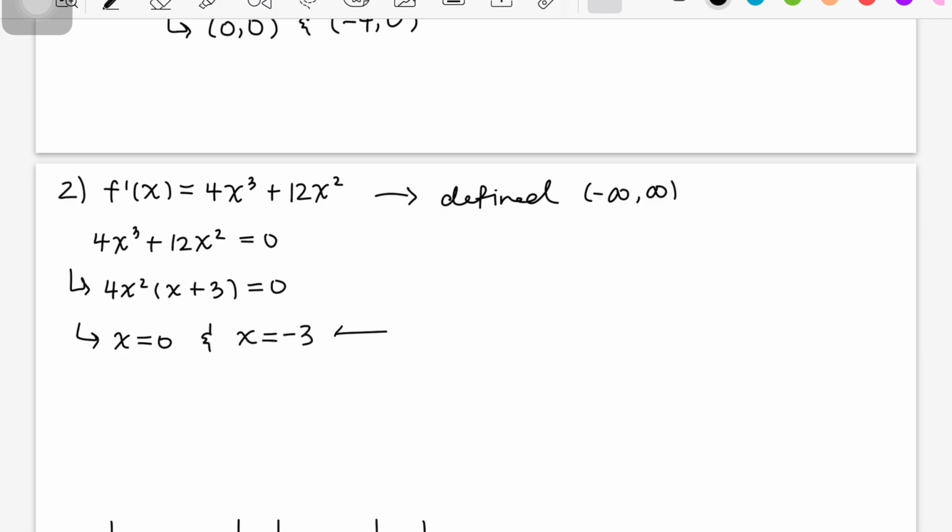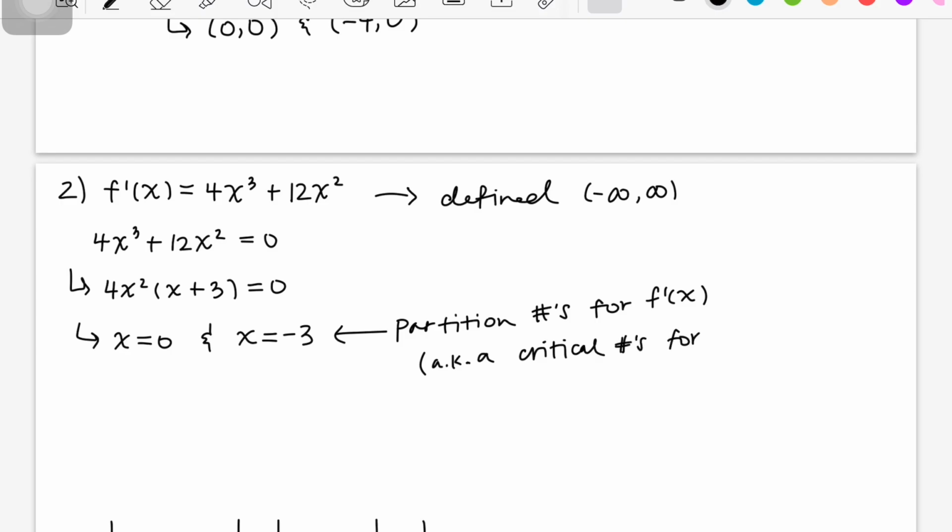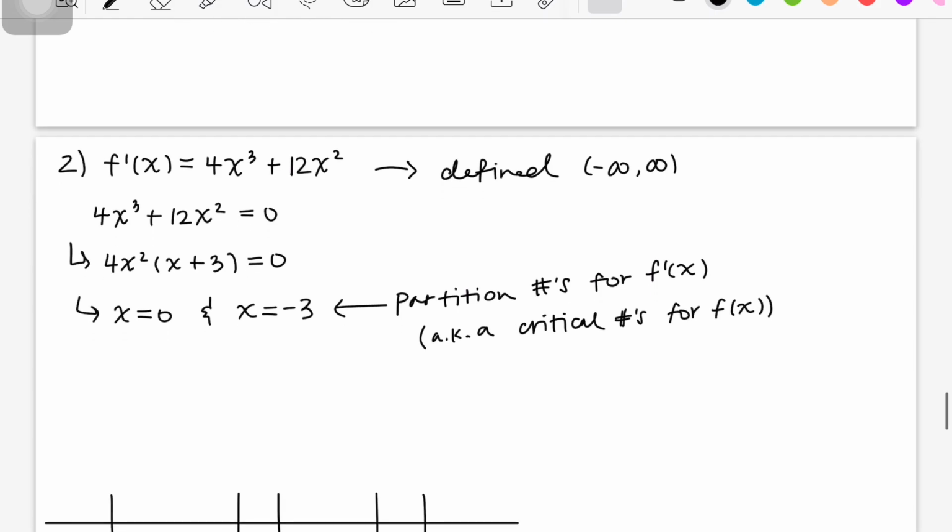So these are our partition numbers for our derivative. And this is also known as the critical numbers for our function. So this is where our derivative can change sign.